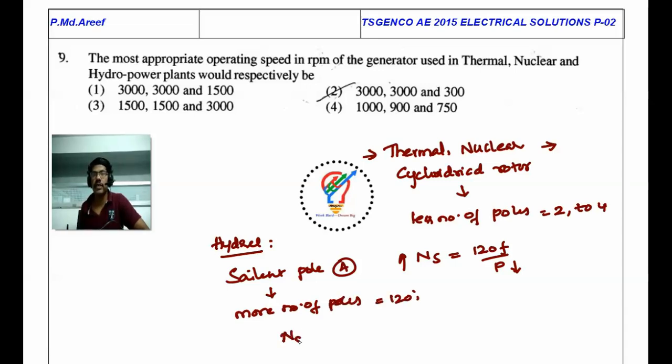As N is proportional to 1 by P, more poles means less speed, so hydroelectric power plants run at low speeds, and thermal and nuclear power plants run at very high speeds. So option 2 is right.